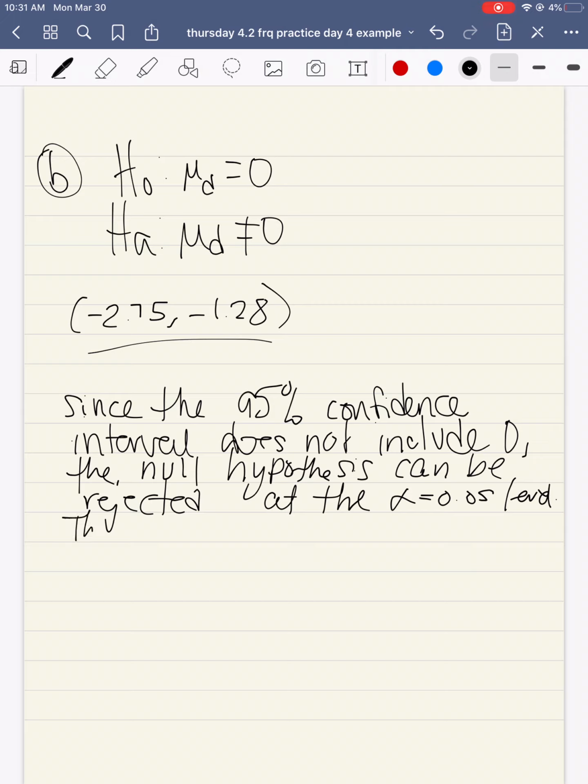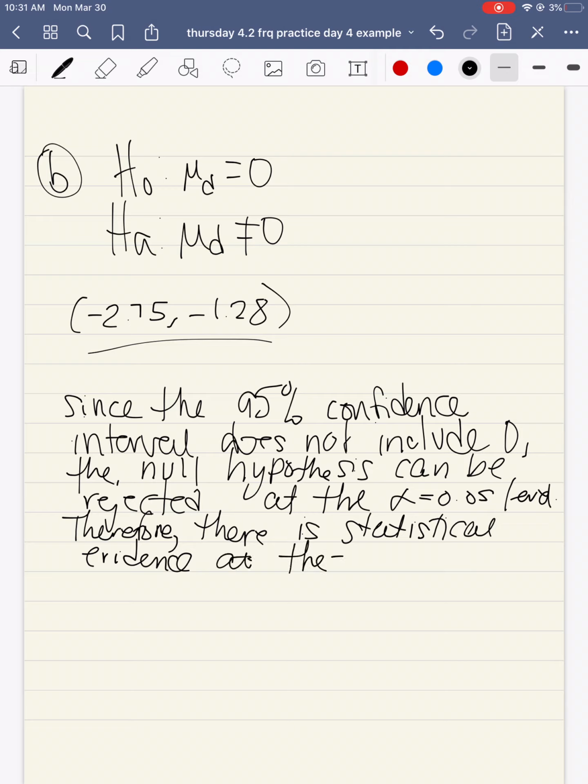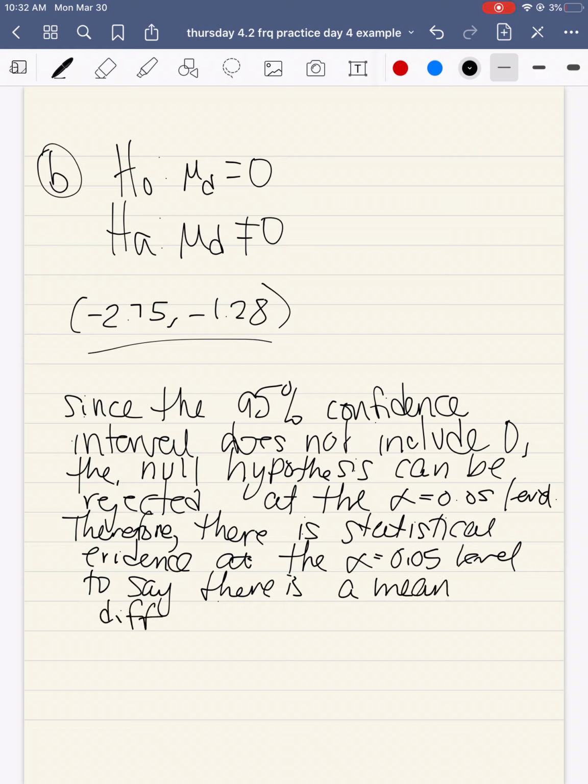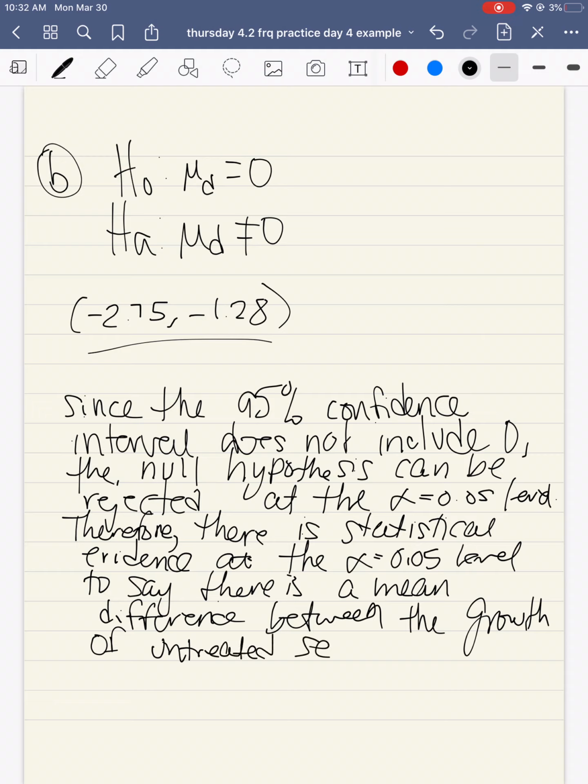So, therefore, there is statistical evidence at the alpha equals 0.05 level to say there is a mean difference between the growth of untreated seeds and treated seeds.